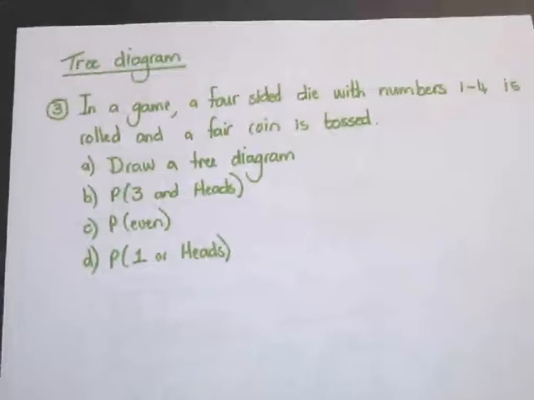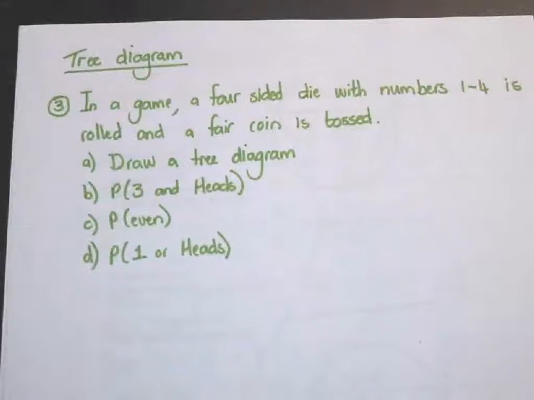Our third example is another tree diagram. Here we have two different objects.